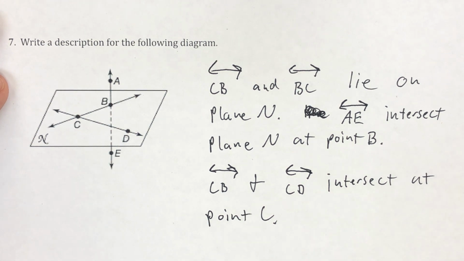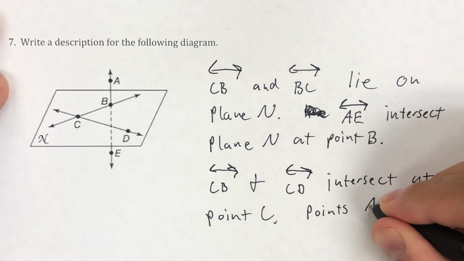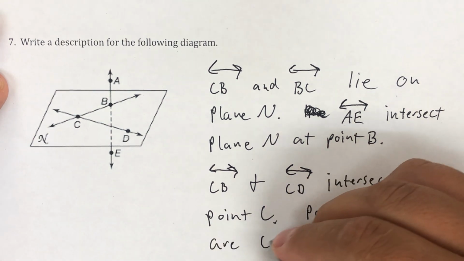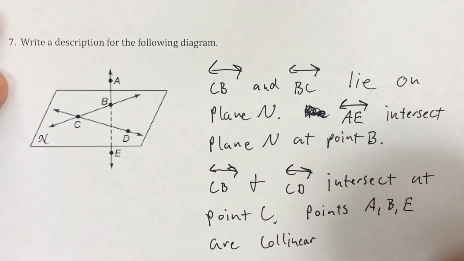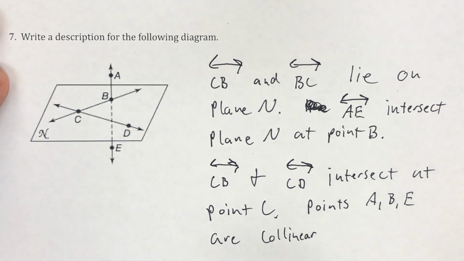I think the only other thing that I could say is points A, B, and E are collinear. Because they're on the same line. So that'd be a solid description. Just write down as much as you can.